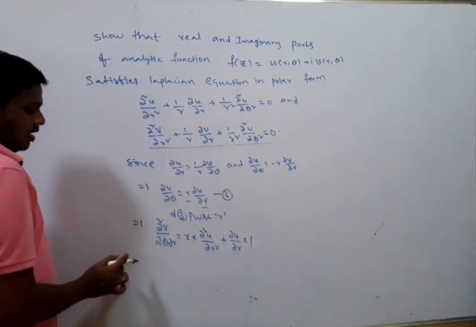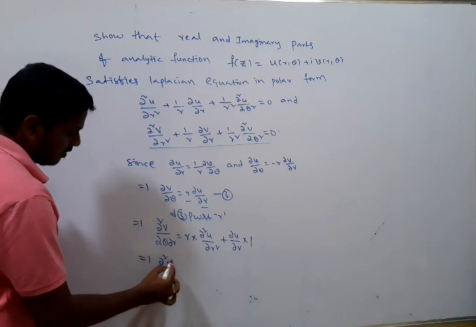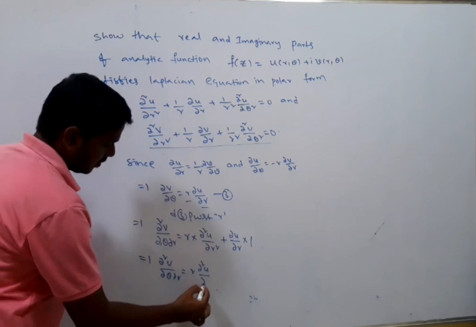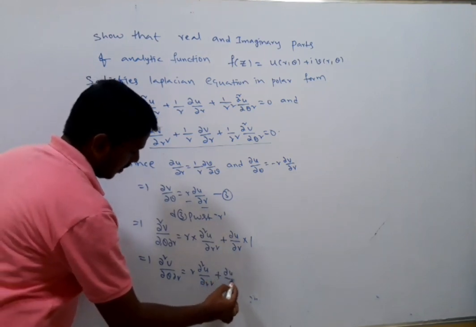So that implies ∂²v/∂θ∂r is equal to r ∂²u/∂r² plus ∂u/∂r.